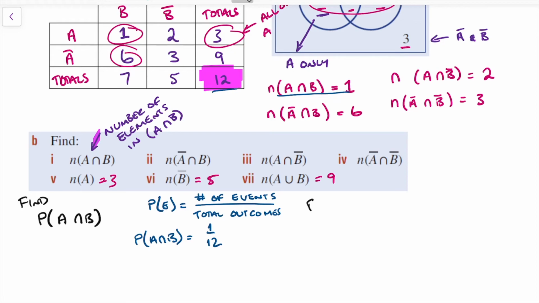If I was to then find the probability of not A, I want to find the probability of not A. Same setup, minimum of 2 lines. Same setup.